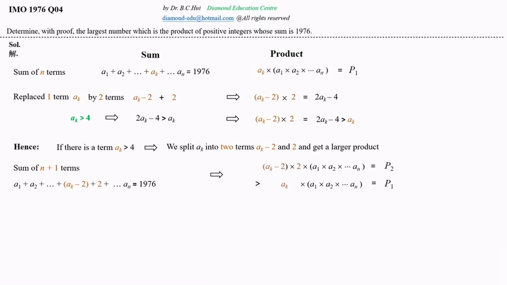So by such a strategy, we divide any one of these terms with value larger than 4 into two parts, and we will get a larger product, p2, which is larger than p1.